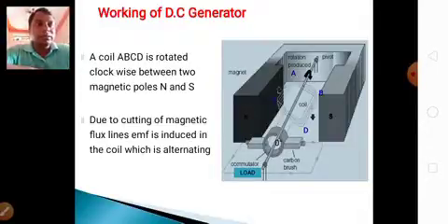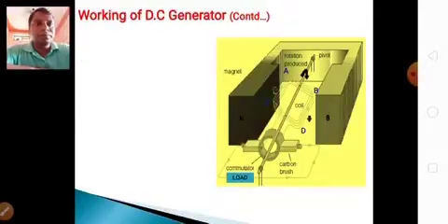When the coil moves along the magnetic lines in the same direction, the EMF will be 0. As the coil rotates, the magnetic lines cut the conductor and EMF is generated. Due to the cutting of magnetic flux lines, the EMF induced in the coil is alternating.